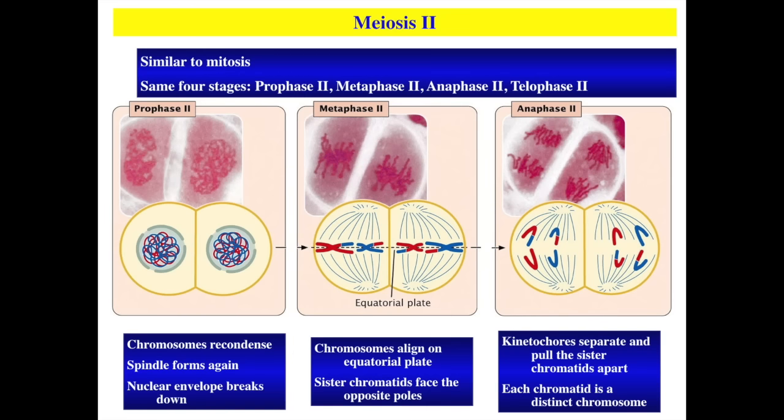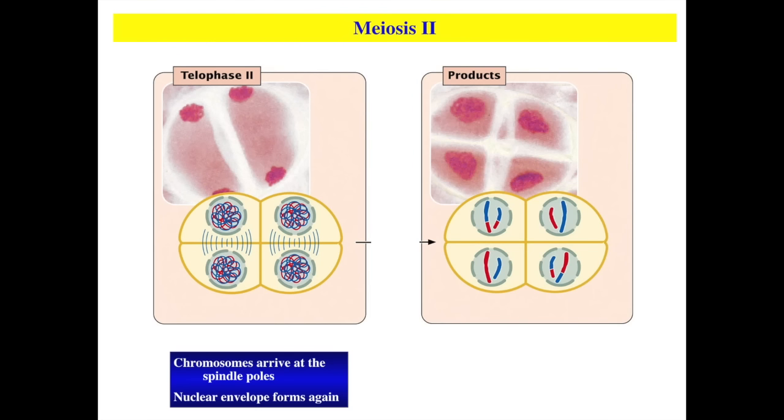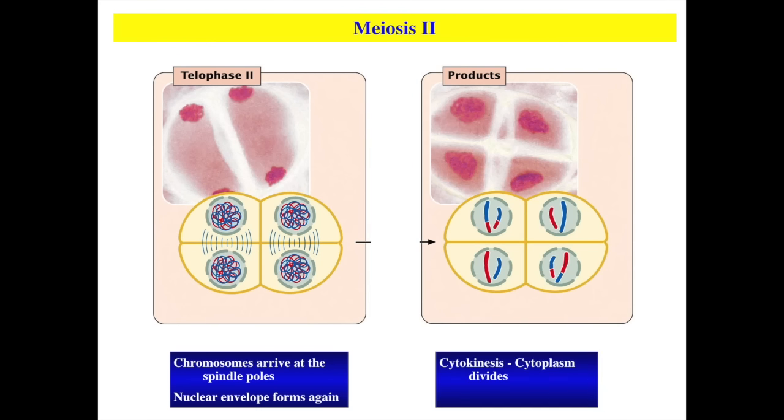Each chromatid is now a distinct chromosome, and in telophase II, the chromosomes arrive at the spindle poles, the nuclear envelope forms again, and after cytokinesis and the division of the cytoplasm, you get four products. Each of those products is a haploid, not a diploid. And this is the major difference between meiosis and mitosis. There's also some other differences which we are going to discuss.